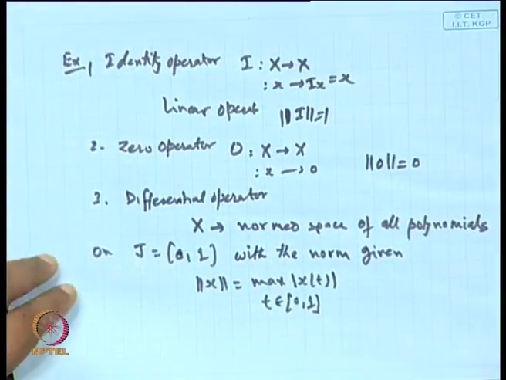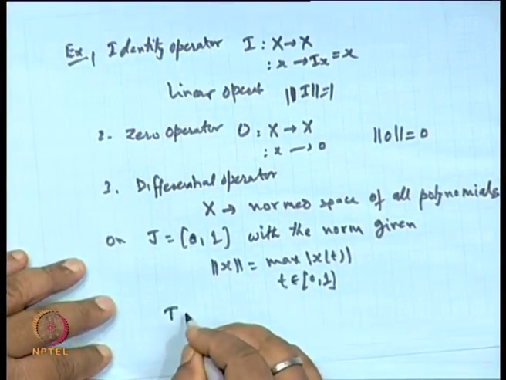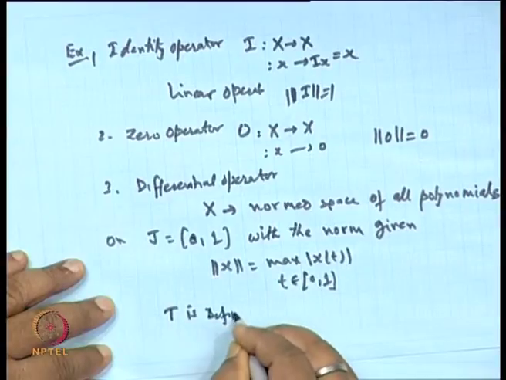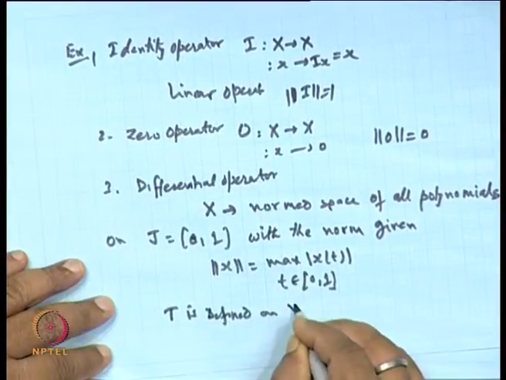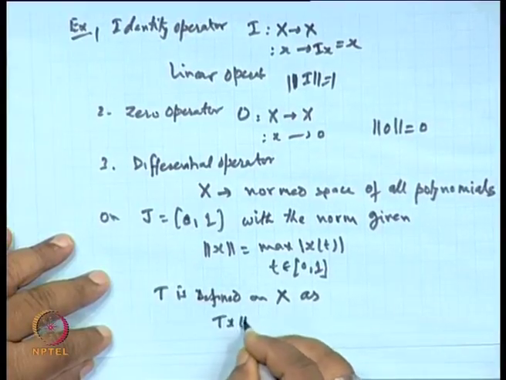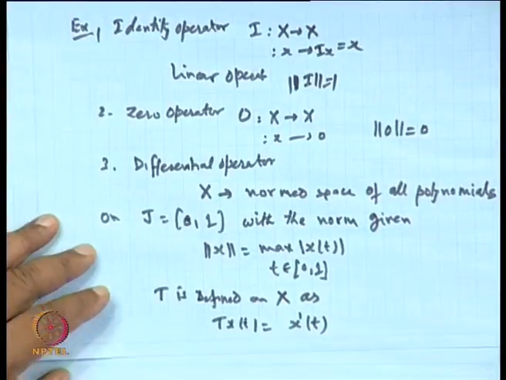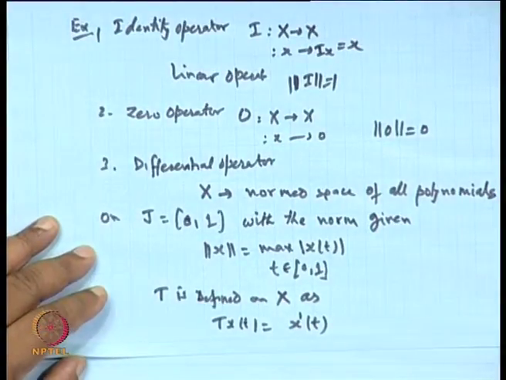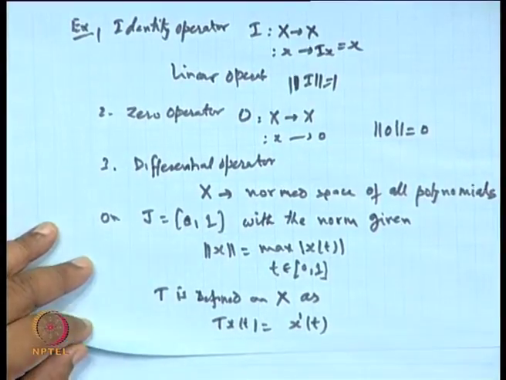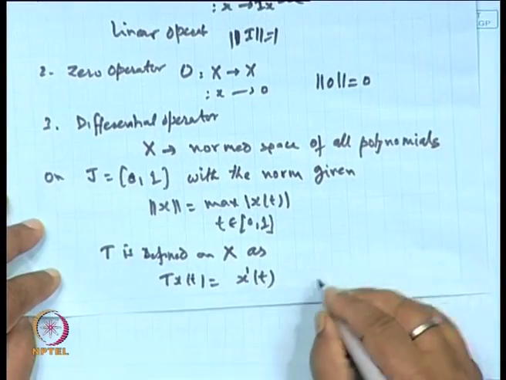Now, the differential operator T is defined on this X as Tx(t) equal to x'(t), the derivative of x with respect to t, where the prime denotes differentiation with respect to t. We can see quickly that T is linear.